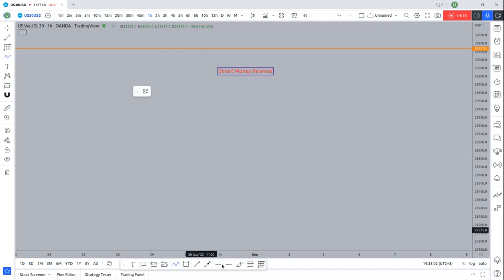Let's say price has been making this, this, this, this, and suddenly price does something like this.